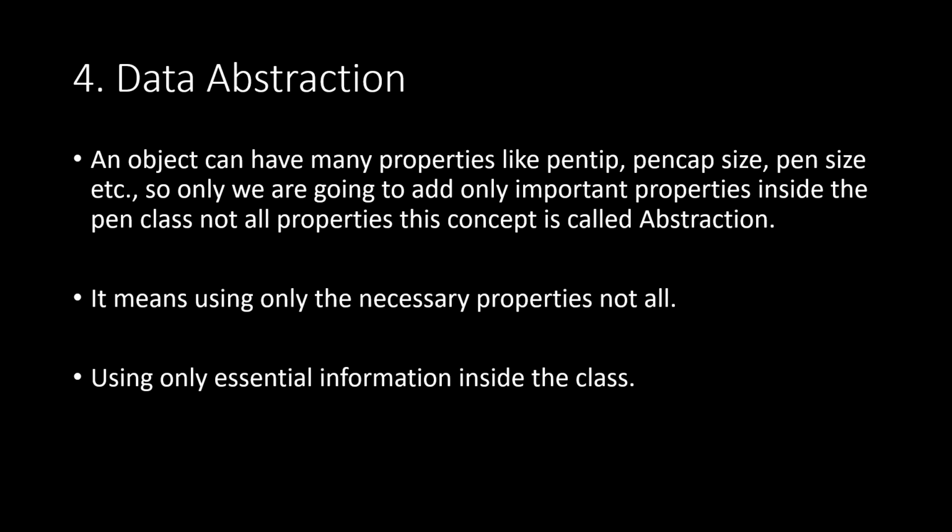That concept is called data abstraction. Abstraction in the sense we can abstract the data, reduce the data which we are not going to use. We can avoid that data. We are going to use only the important properties, the essential information of the class.